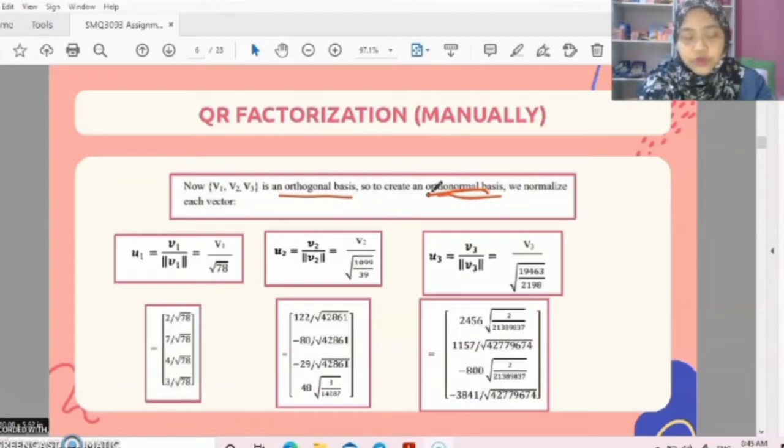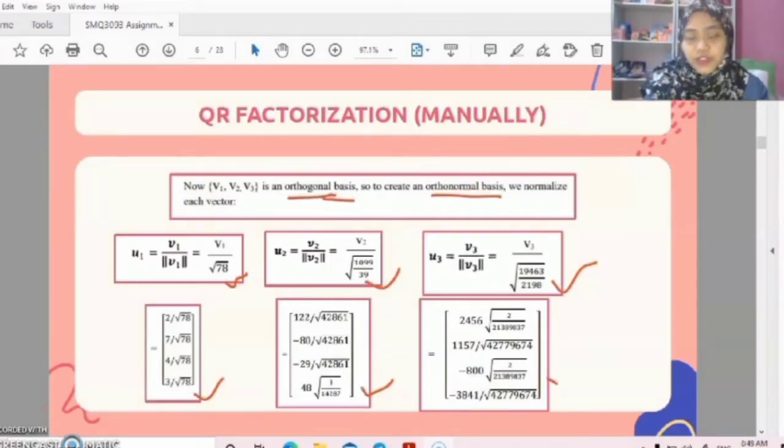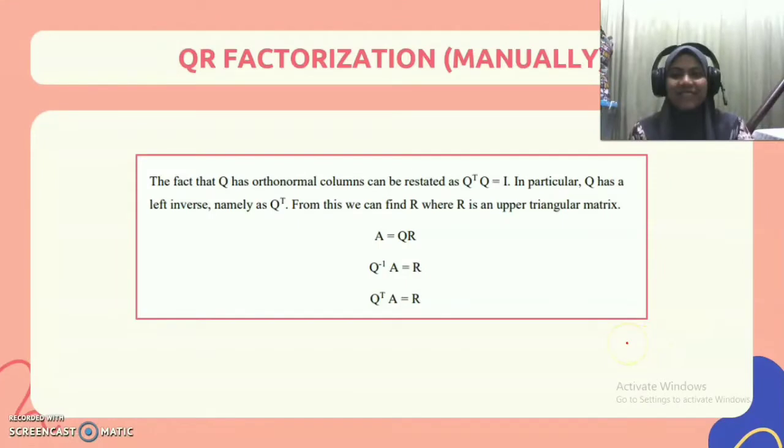So we substitute the data and calculate to get the final answer for U1, U2, and U3. So that's all from me. We had learned how to find the orthogonal basis, and from it we can find the orthonormal basis.